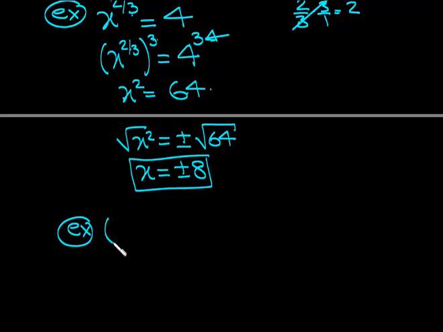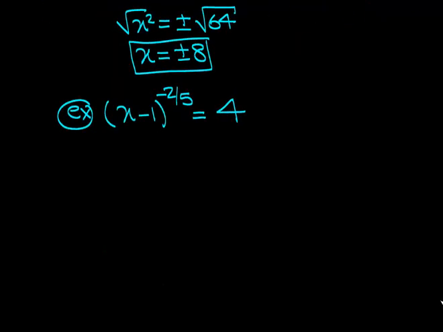Let's say you have x minus 1, raised to negative 2/5, is equal to 4. Again, it's a rational exponent, so I want to get rid of that 5 first. I also want to get rid of that negative, because it'll make it easier to work with when we want to use the square root theorem.